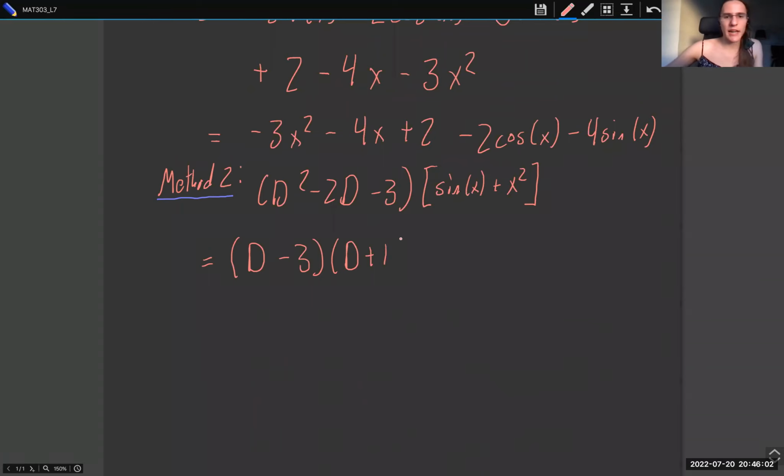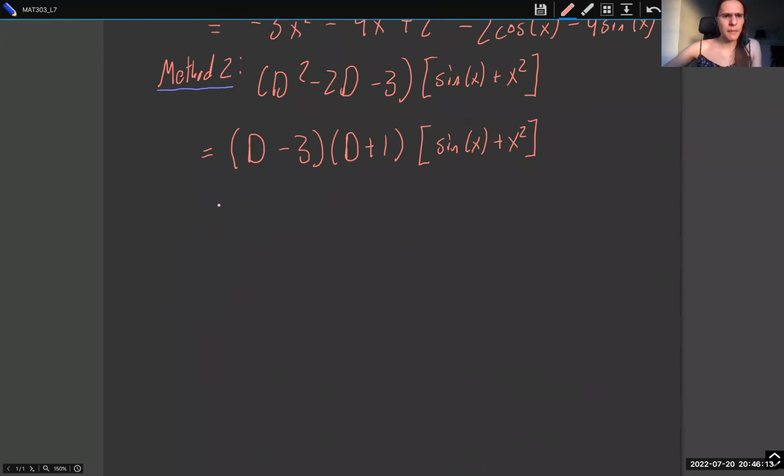In my notes, I did it in that order. We could have also done it in the other order. So this is going to equal d minus 3 applied to, now we're just going to differentiate this.